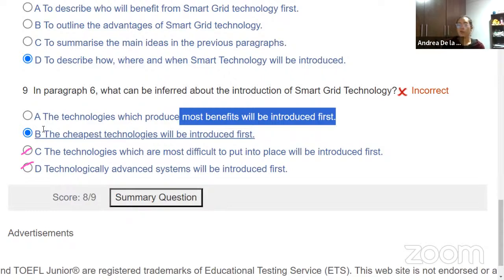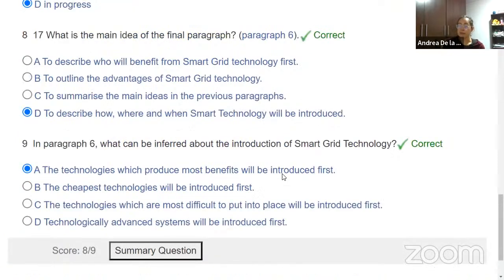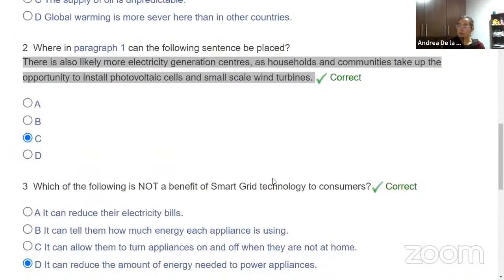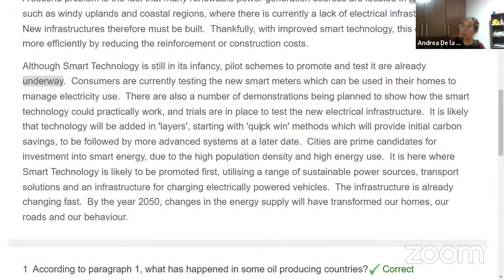So in this case, those quick wins are technologies that produce the most benefits in the beginning. Because even though they talked about carbon savings, they're not talking about money savings, right? They don't say anything about the price, but they do say that they will introduce the quick wins first. So the things in which you can win quickly, right? In which you can have a lot of benefits in an easy way.